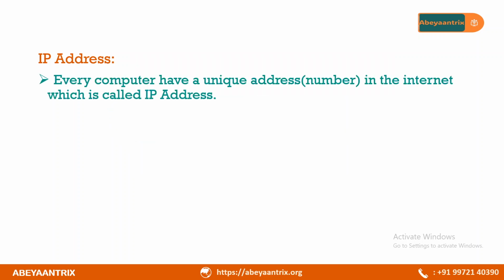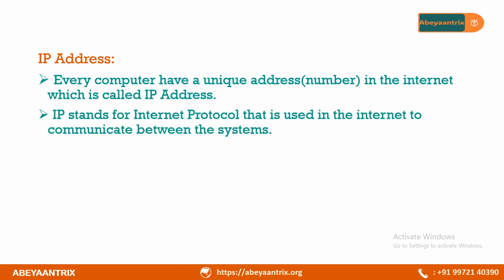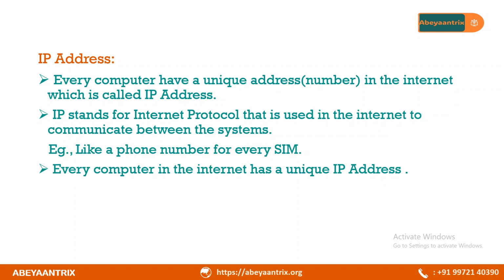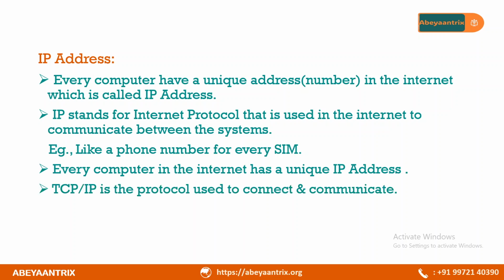Every computer has a unique address on the internet, and IP stands for internet protocol, used for communication between systems. Like phone numbers, every computer on the internet has a unique IP address, and the TCP/IP protocol is used to connect and communicate between multiple systems, right?